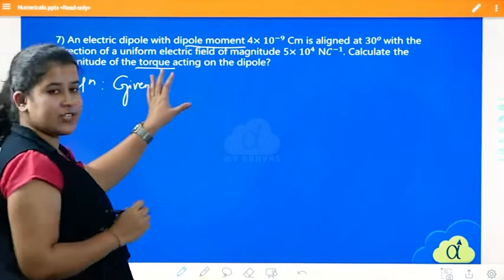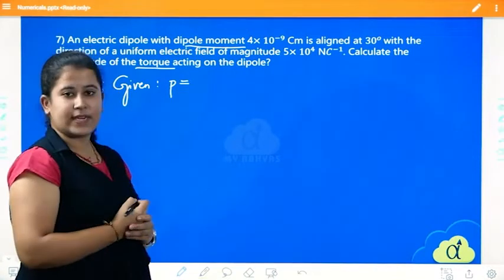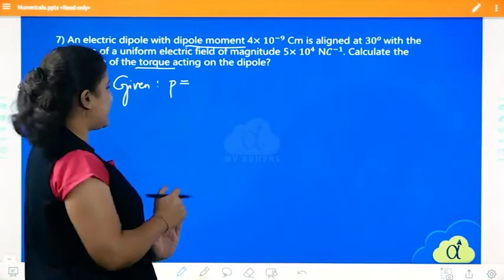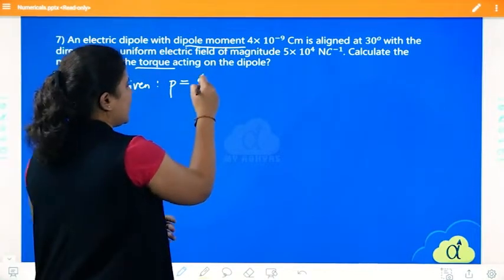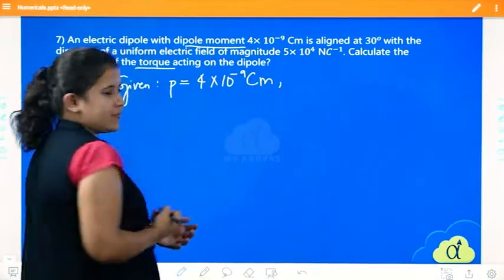The first quantity is P, the dipole moment, which is 4 into 10 raised to minus 9 coulomb meter. Clear?